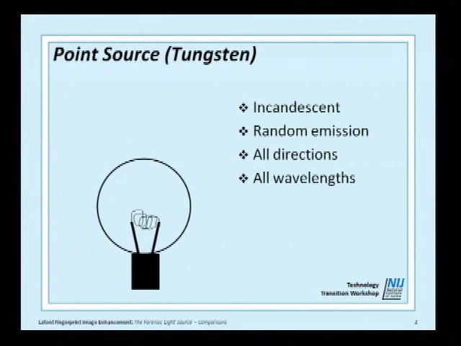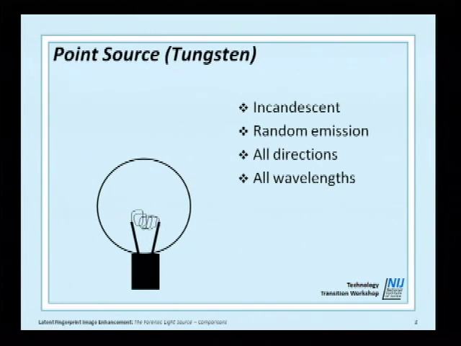One of the first potential alternatives to laser light was to take a tungsten source and filter it to separate or isolate just that part of the spectrum that we were using to find fingerprints or excite chemistry. So if we look at tungsten, it's incandescent.